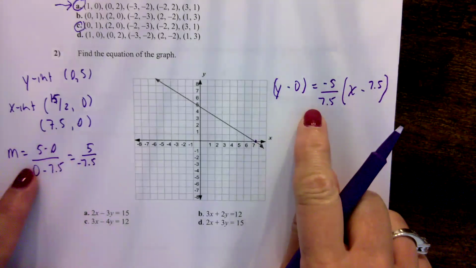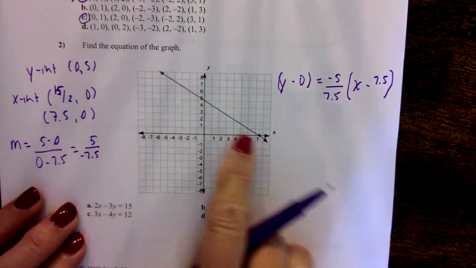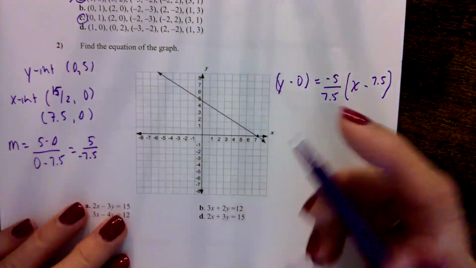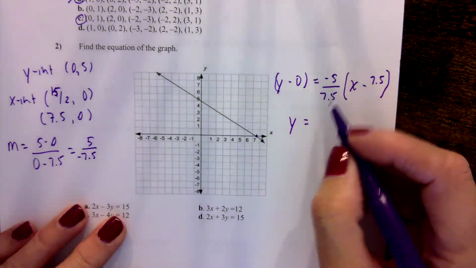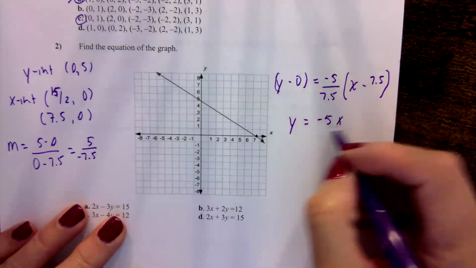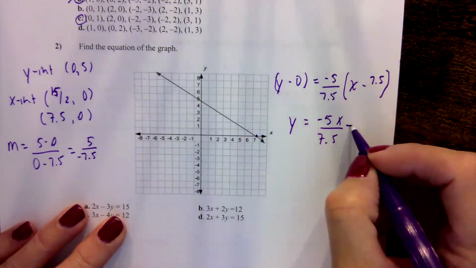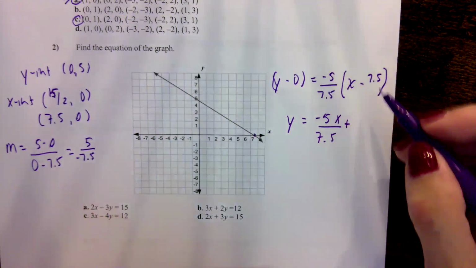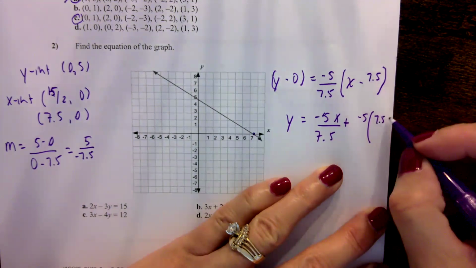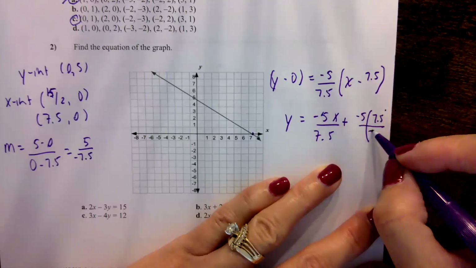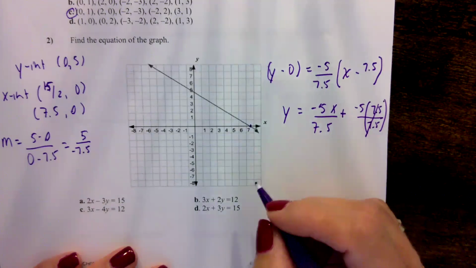So I'm using the point slope form, knowing my slope is 7.5 and down 5. Okay, so this is y equals, I'm going to distribute through my slope. So this is a -5x over 7.5. A negative times a negative is a positive. And then I'm going to have a -5 times 7.5 over 7.5. So that's good. Those 7.5s cancel out.